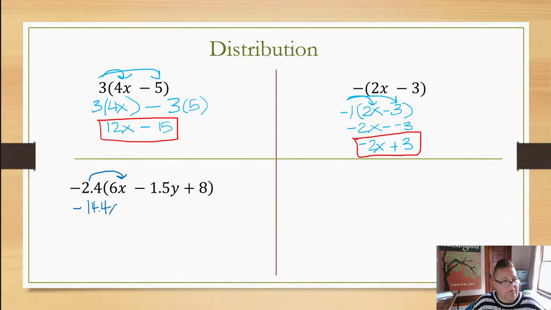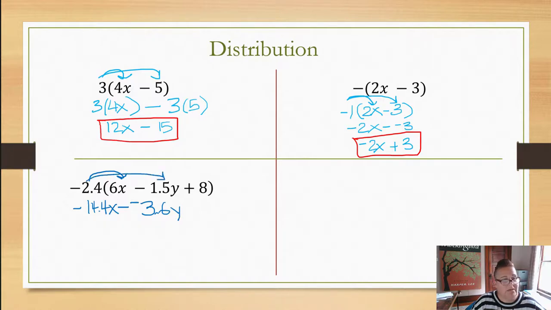And I'm not going to forget that x there. Then I'm going to have a minus 2.4, negative 2.4 times 1.5. And that's going to give me a negative 3.6y. I did that one out.